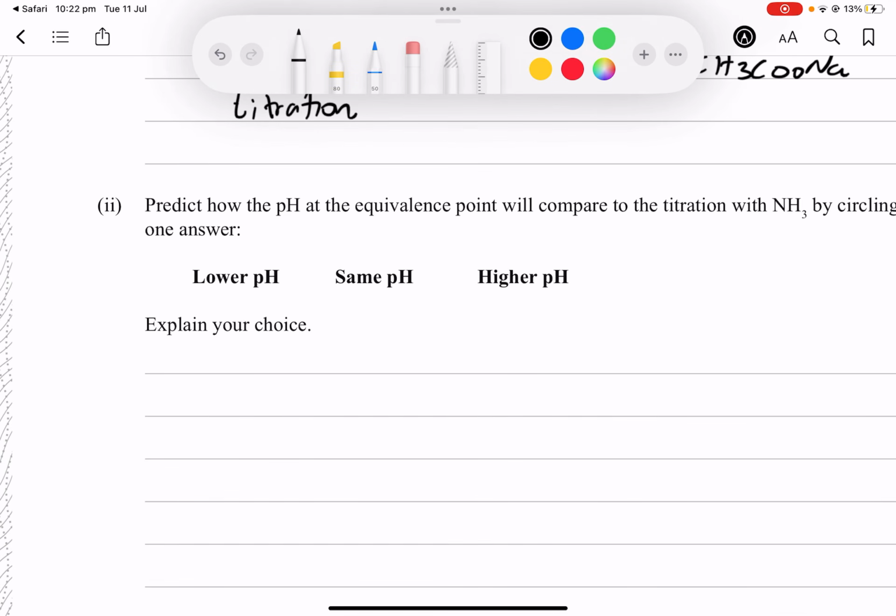And stronger means that a larger proportion of CH3COOH will dissociate in water to form CH3COO minus and hydronium ions, H3O+. So the hydronium ion concentration would be larger, and therefore we would expect the equivalence point pH of the sodium ethanoate titration to be lower. So again, it's a lower pH.